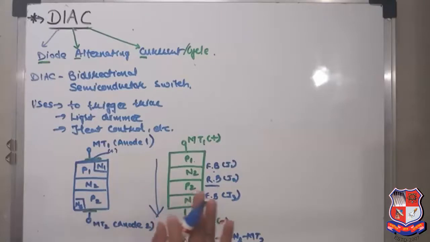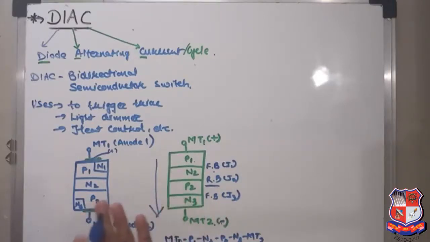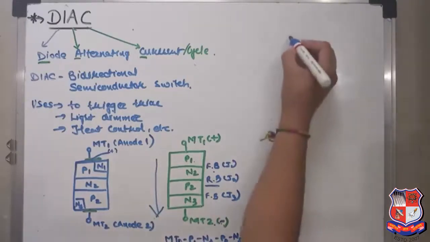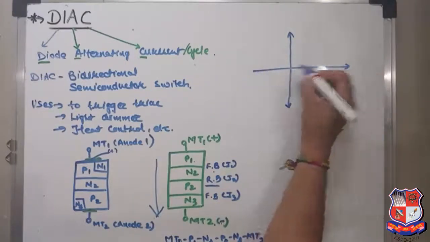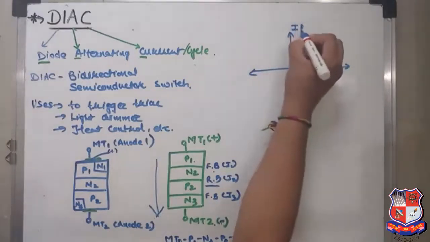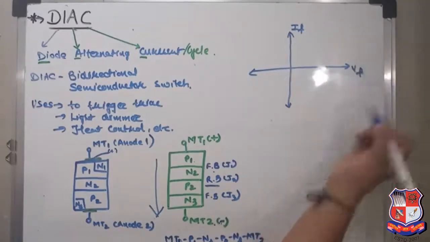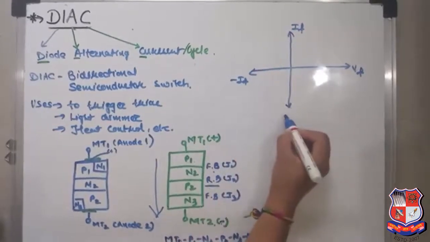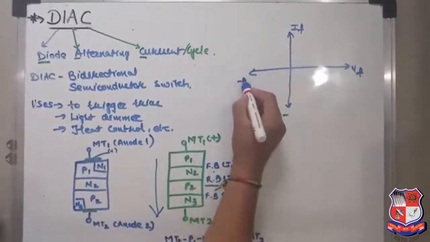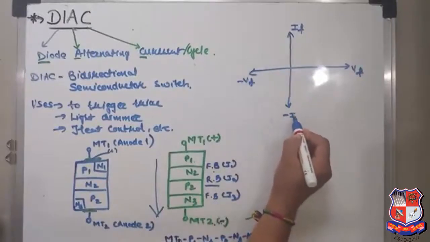Here there is no gate terminal, meaning there is no control terminal and no application of gate pulses. So the V-I characteristics are like this, with I plotted on the Y axis and V on the X axis. Here is the minus IF, the reverse current.